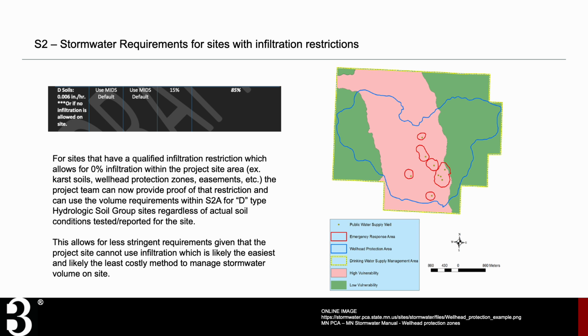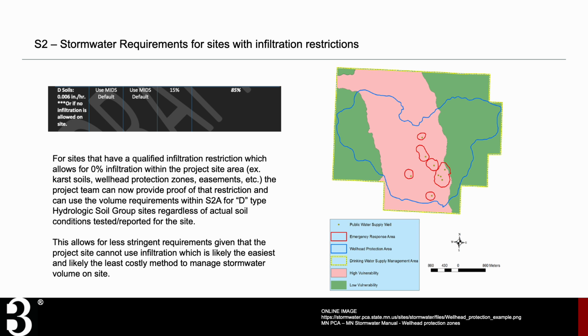So this exception doesn't excuse the team from needing to comply with the rules entirely, but rather it reduces the overall volume that needs to be managed on site and pushes project teams to explore alternative options. Those alternative options are trying to rely on evapotranspiration, which is now part of the site albedo calculator and was partially accounted for in MIDS.